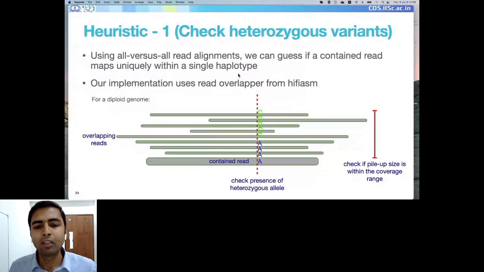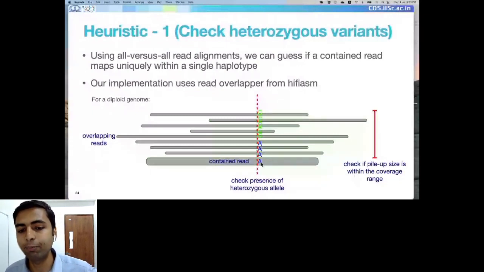This can be done. If we imagine you have all versus all read overlaps, and let's say we have a contained read. Now, if you look at the overlapping reads and you see that there is a position in the contained read which has a heterozygous site, and you detect the presence of a heterozygous allele at this position, and we check that the pileup size of the alignment is within the coverage range.